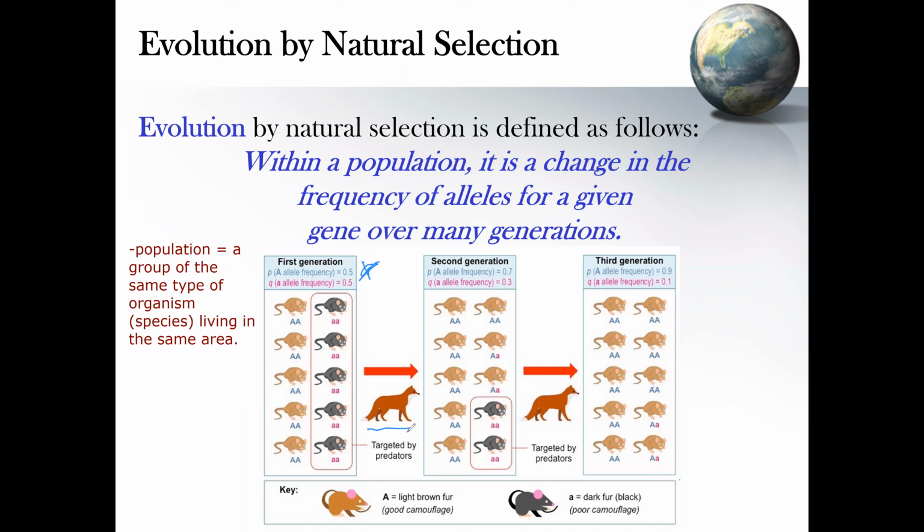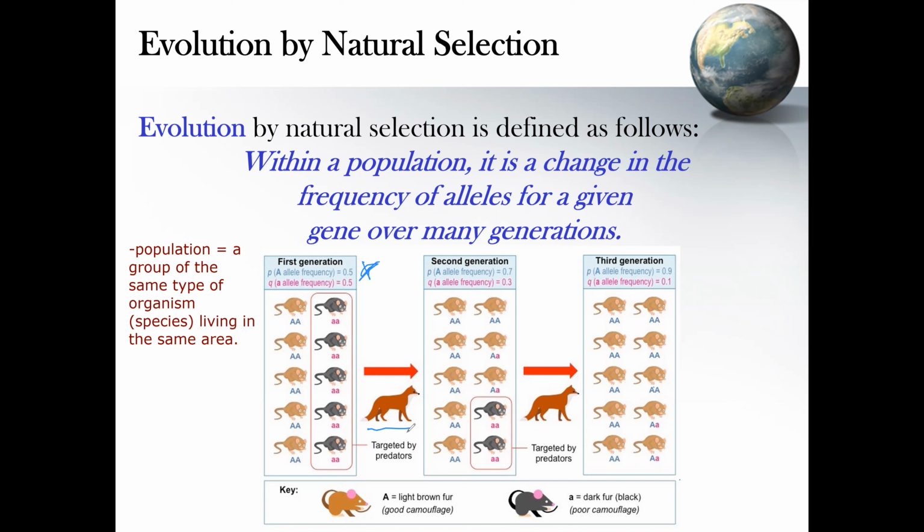Perhaps they don't blend into their environment very well. They're not camouflaged. So the fox is going to eat those gray mice because it's easier, right? So the gray mice are being eaten, so they do not have the chance to reproduce. But the brown mice do have the chance to reproduce. They make brown mice babies.